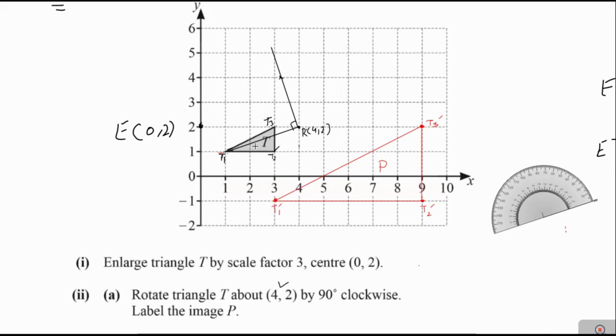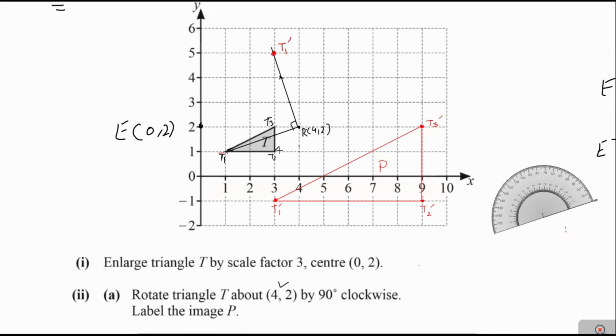Now the T1R distance, you see here, from T1 to R passes 1, 2, and 3 squares. Therefore, 1, 2, and 3 squares. This will be the point, and we mark this point in red color. This point is T1 dash. Now you can take the length by using the scale. This length will be the same as T1R.